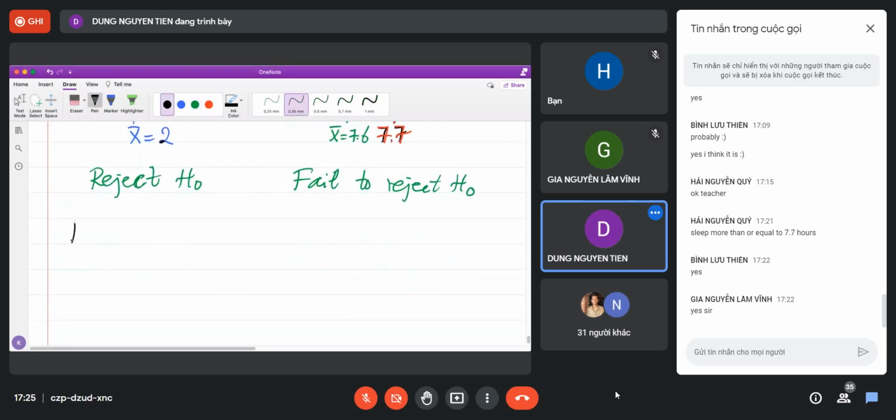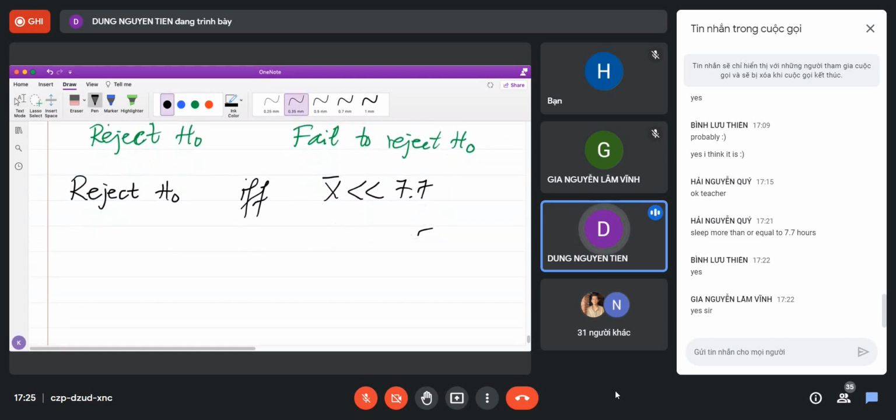So here's the point. You can reject the null hypothesis if and only if X bar is too small. You reject it if X bar is much less than 7.7, and then X bar minus 7.7 is too small.